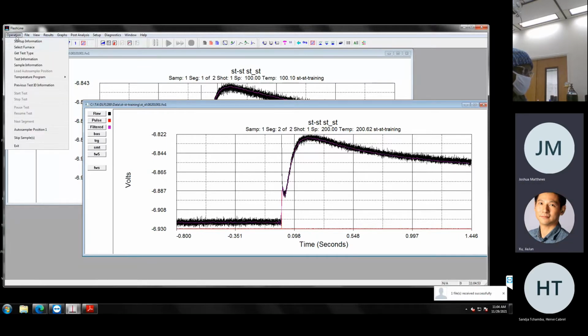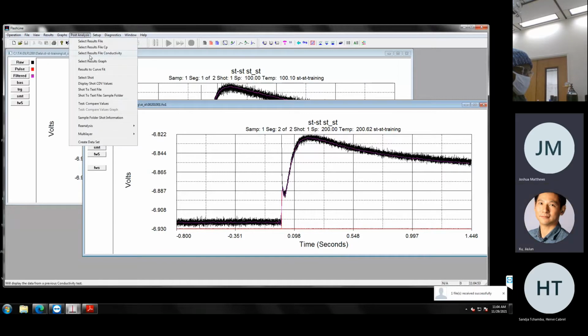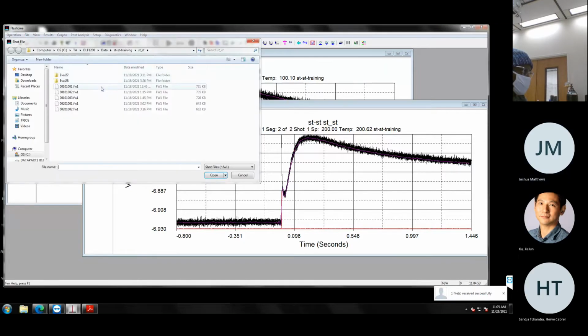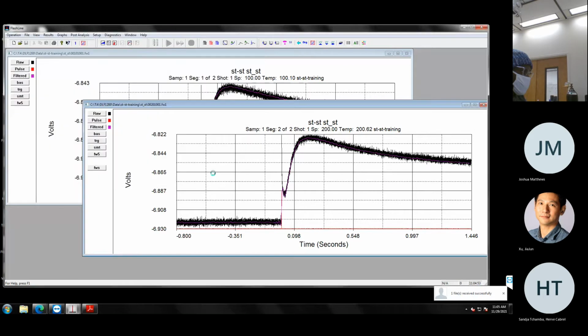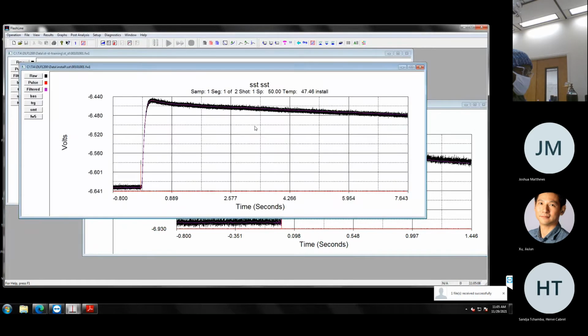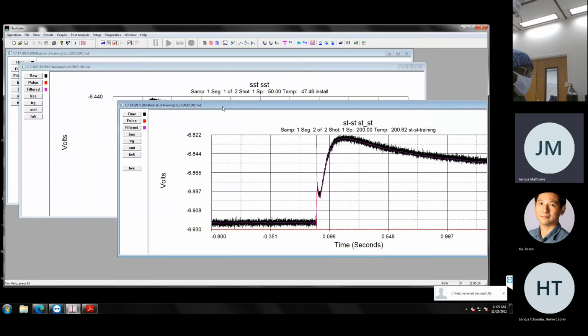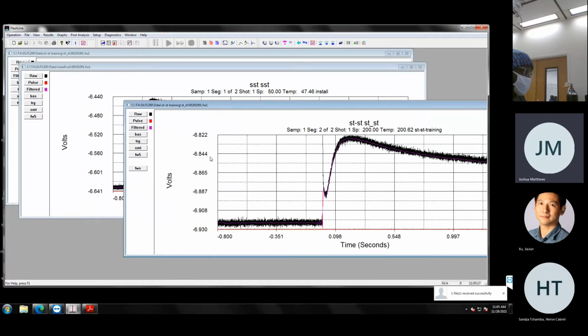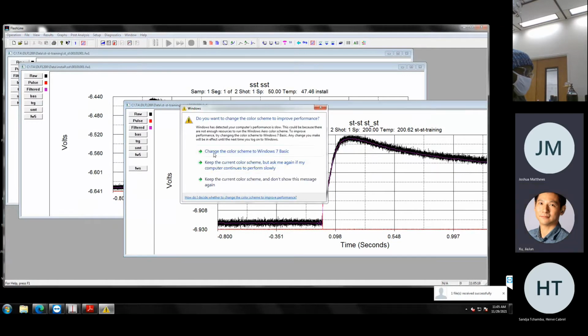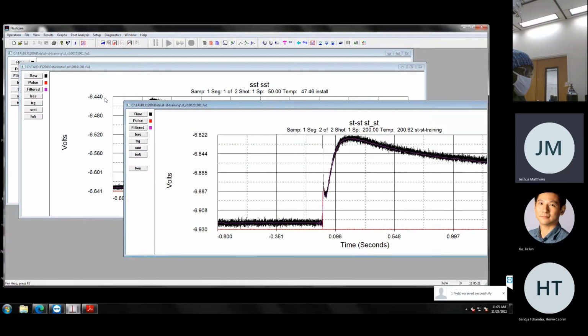And here, let me just open up a good shot so you can see the difference. You can see the difference in the scale that we're looking at. This is in millivolts, and we're getting about 200 millivolts here.